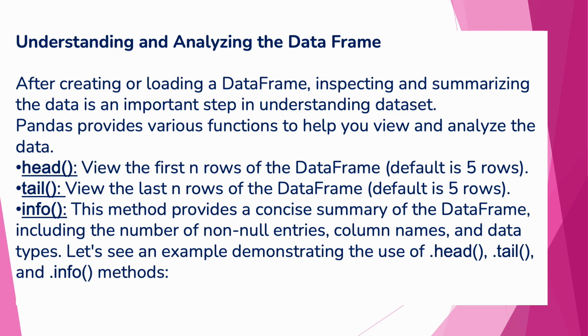Now we'll see some of the ways by which we can analyze the data frame. Here we are creating or loading a data frame and using different functions. The first function is known as head. Head by default will show the initial rows.